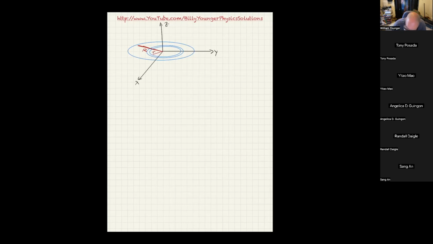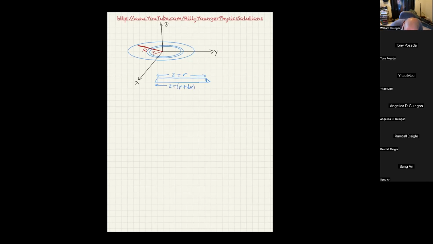And you can imagine if you actually cut that ring of charge right along the x-axis and then laid it out flat, it would look like this. In other words, where you cut it, it would leave this little triangle on each end, and this inside part would have a length of 2 pi times r, and this outside part would have a length of 2 pi times (r plus dr).